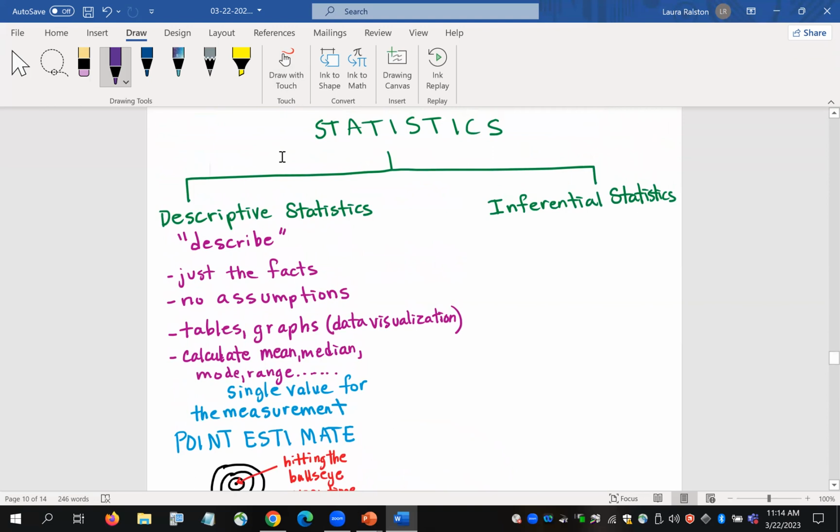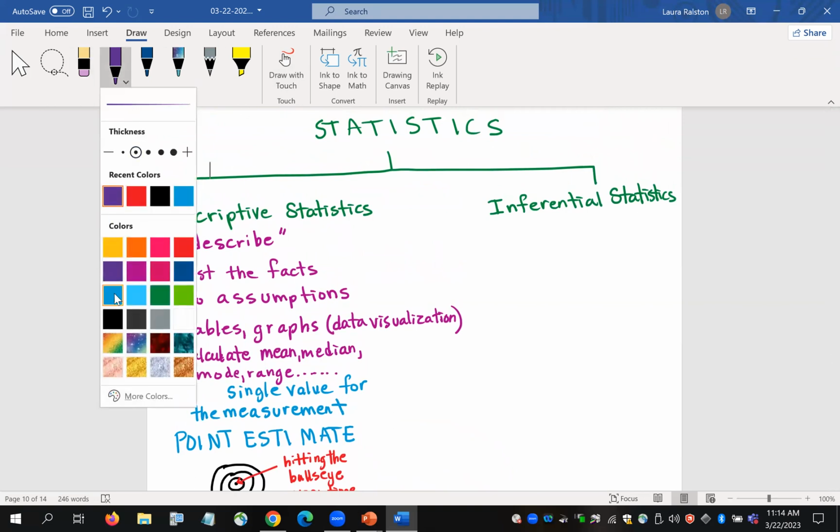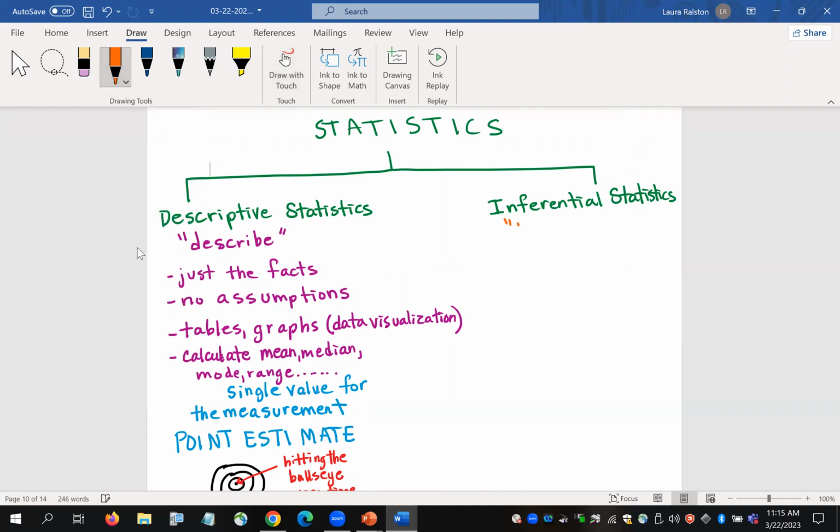So the other branch of statistics is called inferential. Inferential statistics is the adjective form of the verb to infer, which is a fancy way to say that we want to make a generalized statement. It's the idea of generalizing.